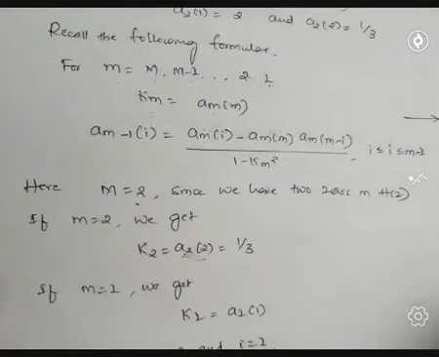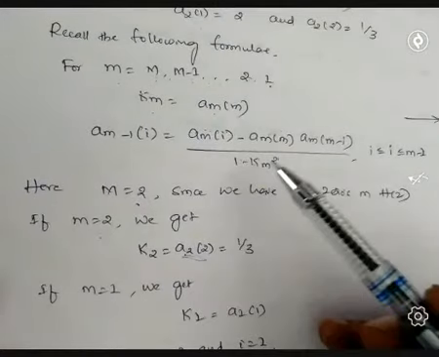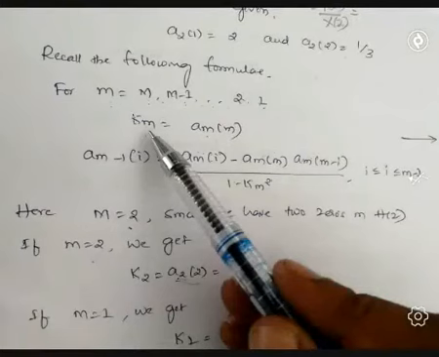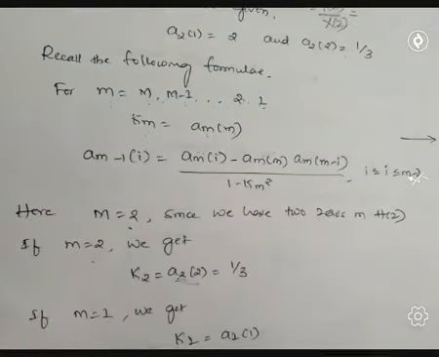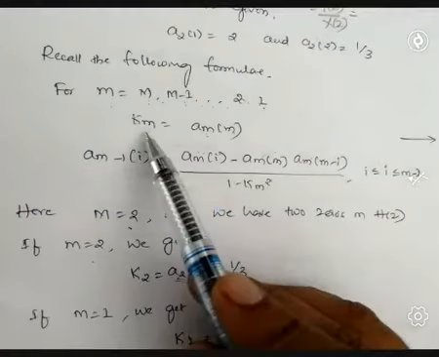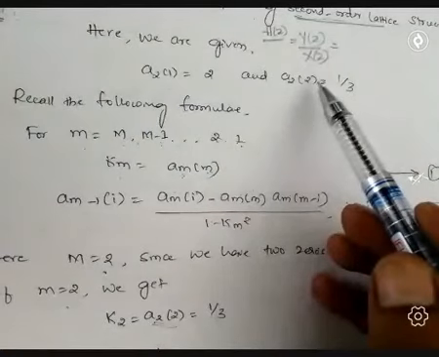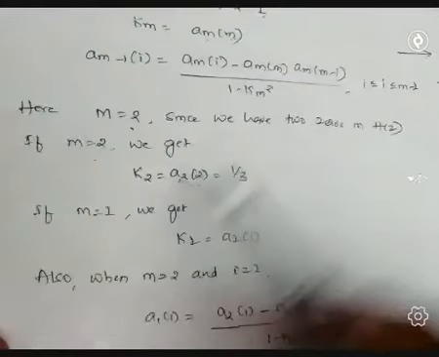If m equal to 2, we get K2 equal to A2 of 2. A2 of 2 is already calculated, that is 1 by 3. Hence, K2 equal to A2 of 2 equal to 1 by 3.